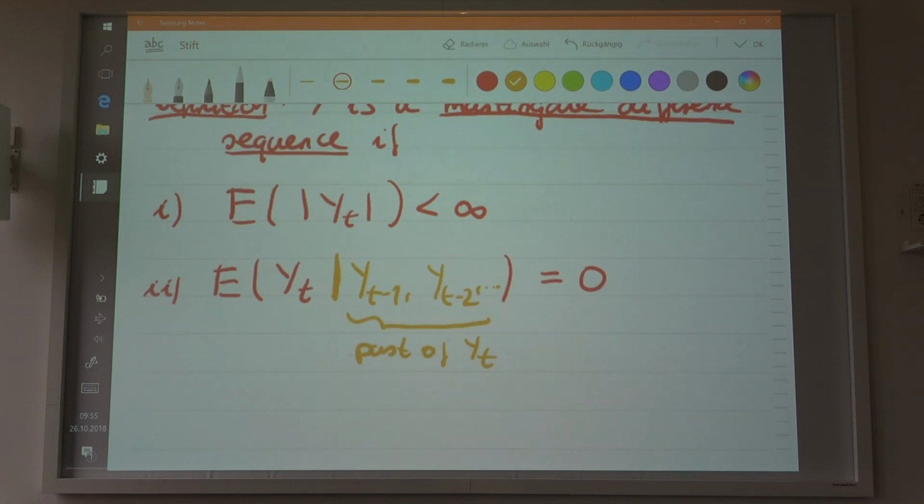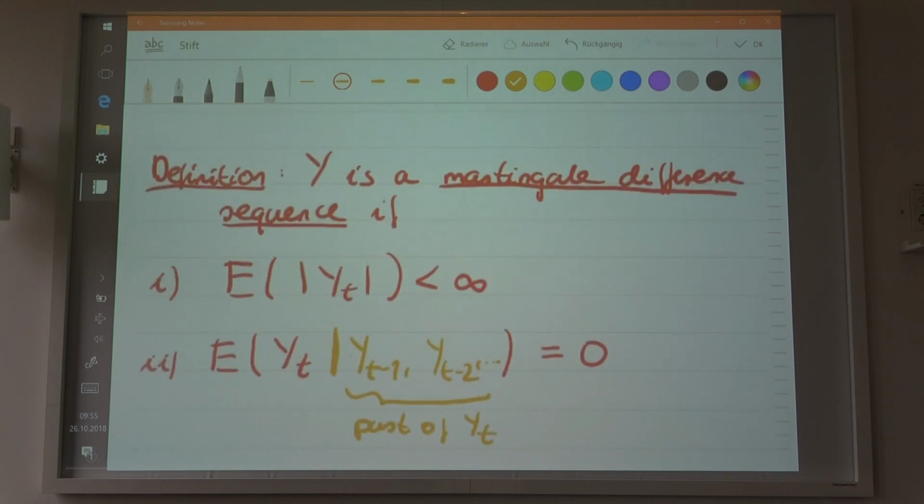Now I'm going to discuss some properties, and next time I will introduce you to that. This is actually how the definition starts, and we'll do the exercises next time. In the next lecture, I'm going to discuss the properties of the martingale difference sequence.